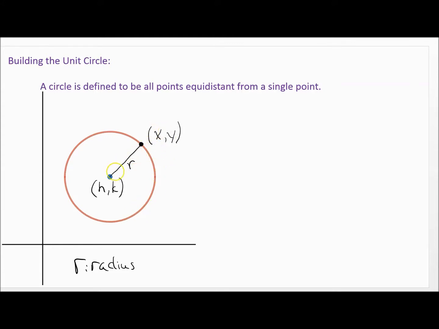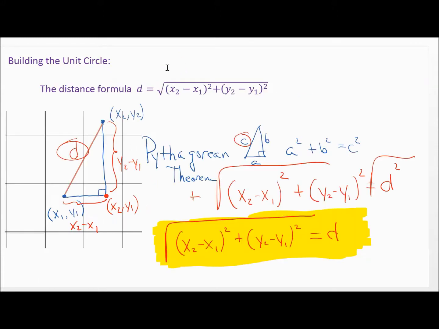Now let's calculate this distance. Now remember the distance formula. Let's write it again at the top from the previous page. d is equal to the square root of x2 minus x1 squared plus y2 minus y1 squared. What are x1 and x2 and y1 and y2? They're just points at the beginning and the end of our line.